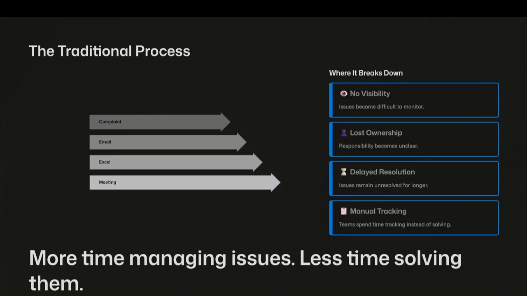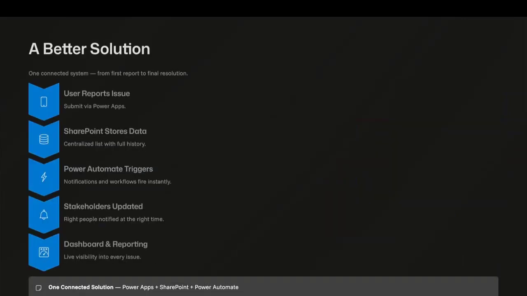So, is there a solution? Is there a better solution available? Well, yes, we do have an option to utilize Power Apps, SharePoint, and Power Automate to build a solution where a user submits the issue through the Power App, SharePoint logs it, and Power Automate takes care of the notification and repetitive tasks automatically.